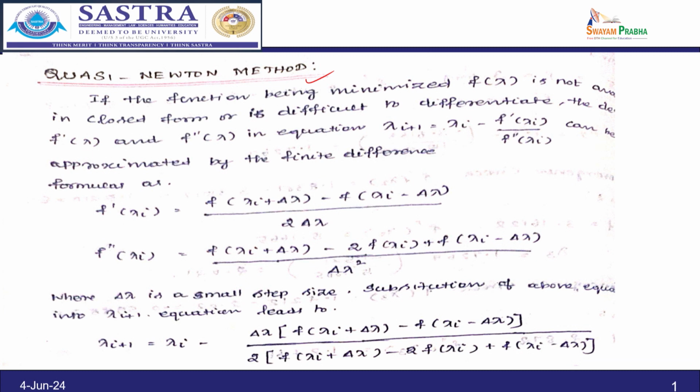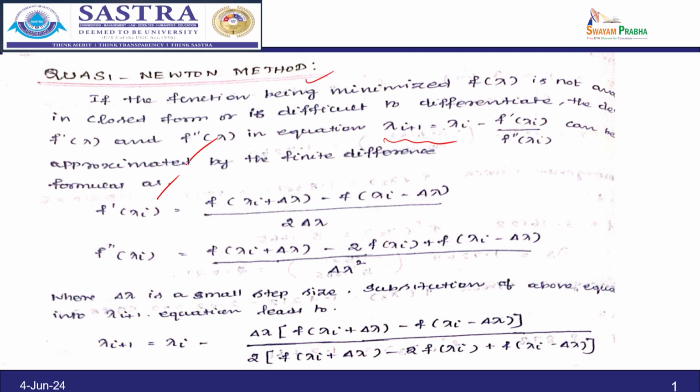If the function being minimized, f of lambda, is not analytic and its closed form is difficult to differentiate, the derivatives f dash of lambda and f double dash of lambda are needed. So, the i plus 1th iteration of lambda can be expressed as lambda i minus f dash of lambda i by f double dash of lambda i, which can be approximated by finite differences.